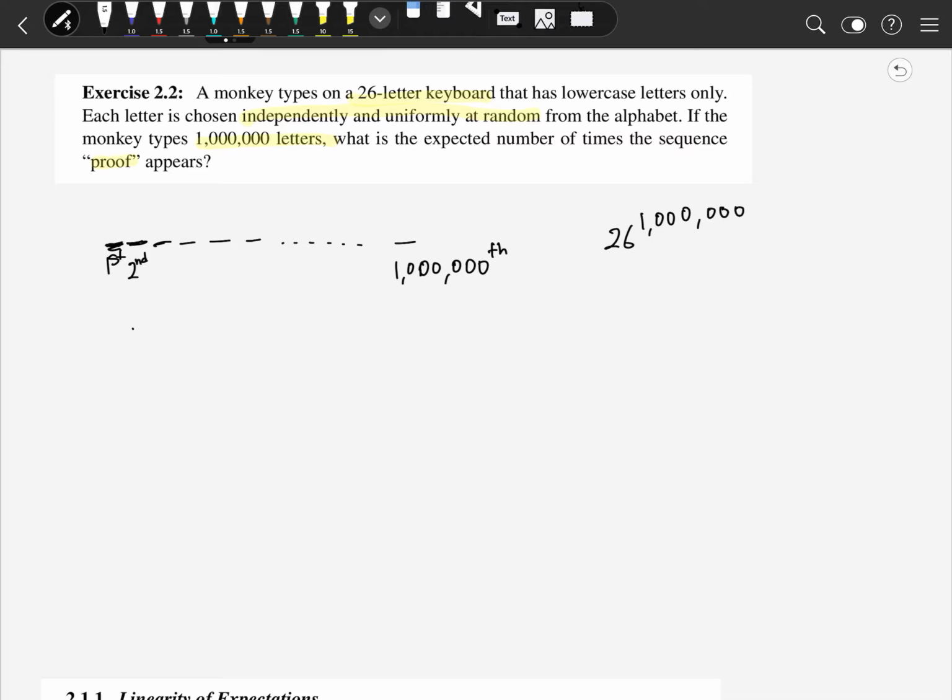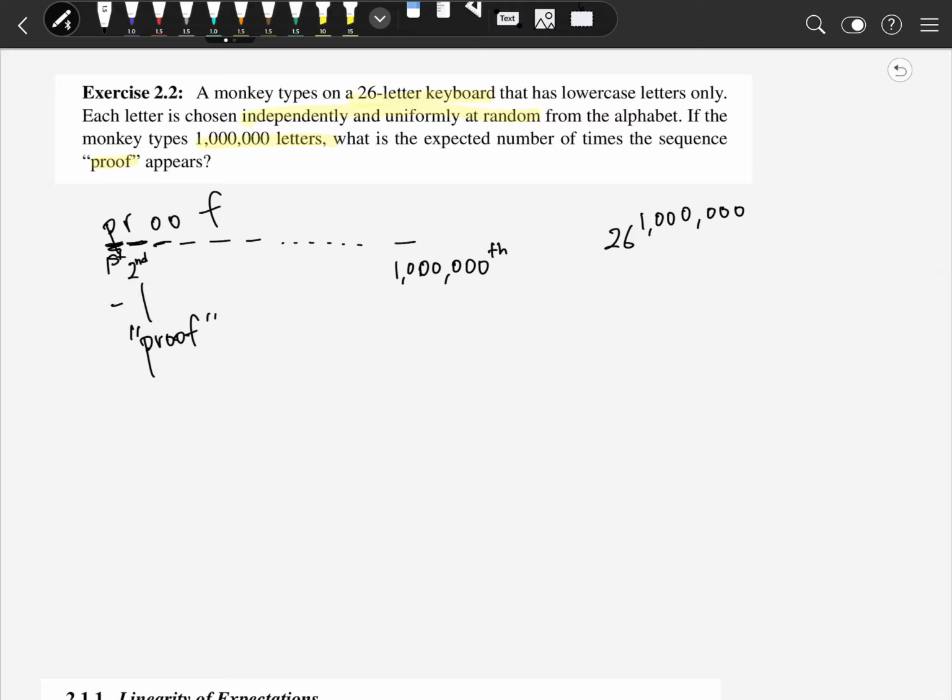Now, let's say how many combinations of letters will have only one sequence "proof", right? One such case will be something like this.